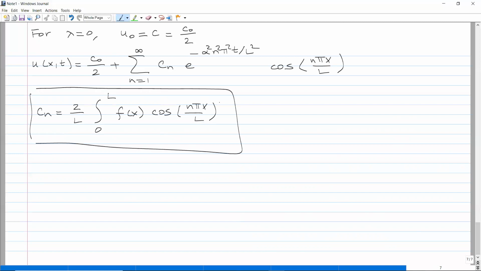In order for this integral formula to work for all Cn's, instead of just C0, we take C0 over 2. So again, all we have to do is substitute the values for alpha squared, L squared, and evaluate the coefficient Cn using these integrals.